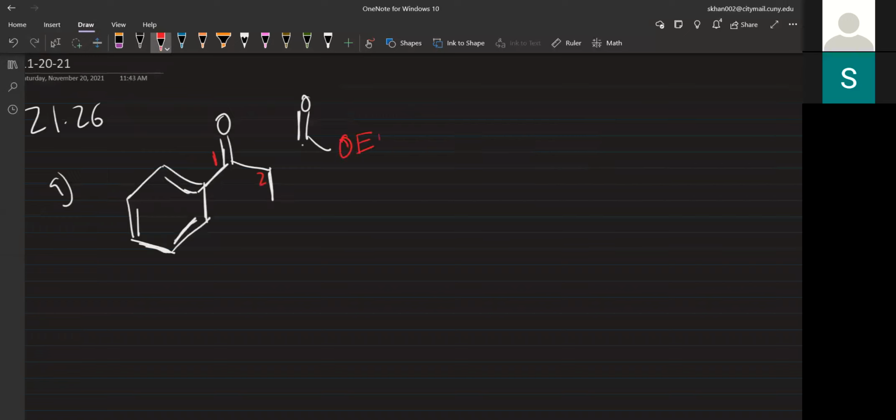Write this in red. So these are carbons, and that would mean our original thing would look like this. But now if you look at this, that would mean this thing attacked this carbonyl.